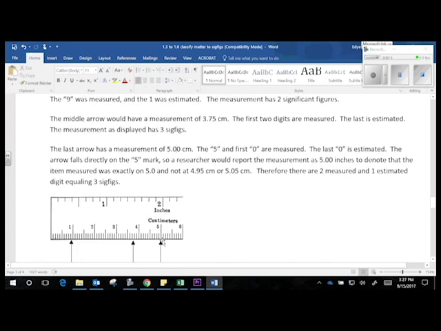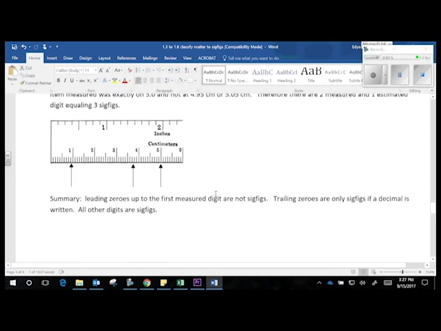So I'm actually measuring the 5 and estimating the 0, because that arrow is falling right on the 5, not a little less, not a little bigger, right at the 5. So this would be written as 5.00 centimeters and would be considered 3 sig figs.